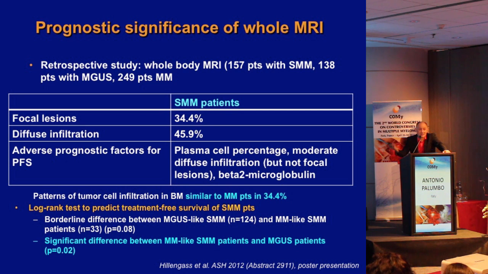And you can see here how without this imaging, at the end of the day, we are missing a myeloma diagnosis, because you can see here that at least 30% of patients have focal lesions, something you probably don't see with X-ray, and 50% of patients have diffuse infiltration.